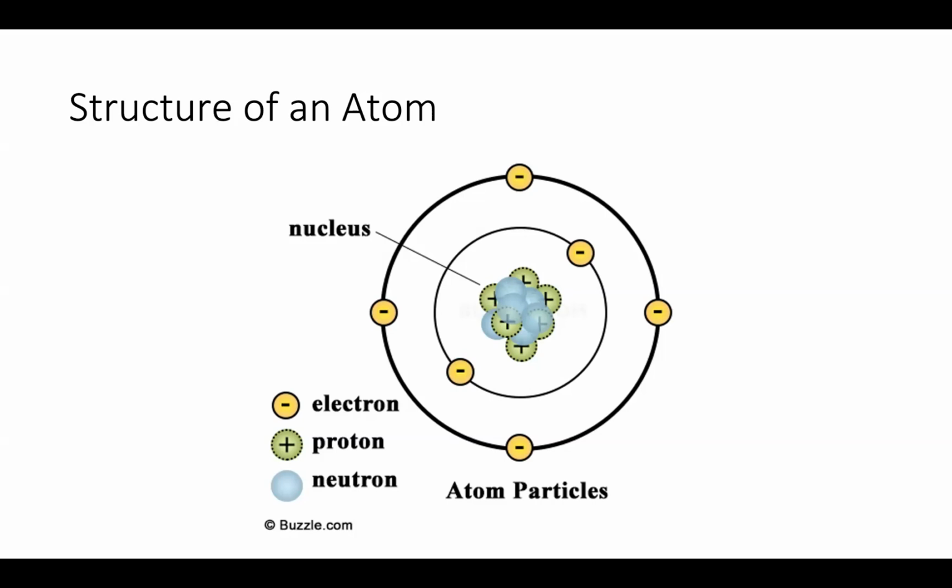The number of protons in the nucleus of the atom will correspond with the atomic number on the periodic table. All right, and we'll get to that in just a second. And so if you were asked to draw the structure of an atom for a particular element, you would make sure that your number of protons, neutrons, and electrons correspond to the actual element.